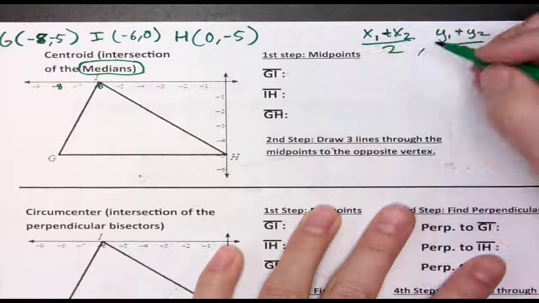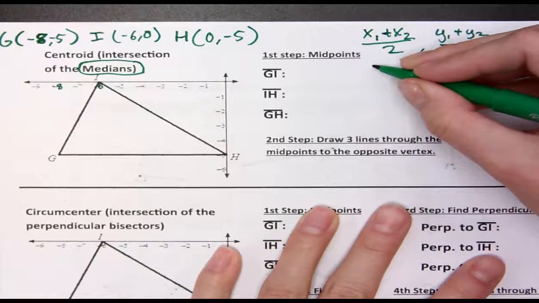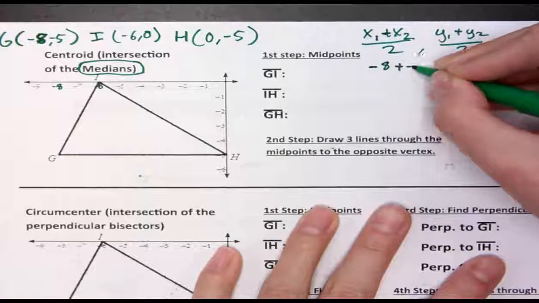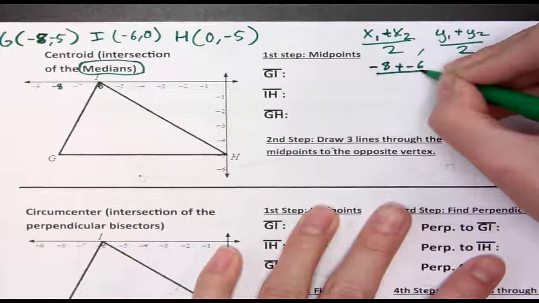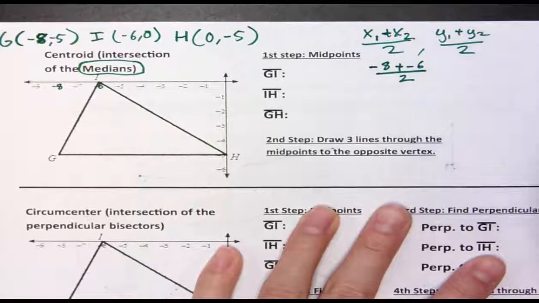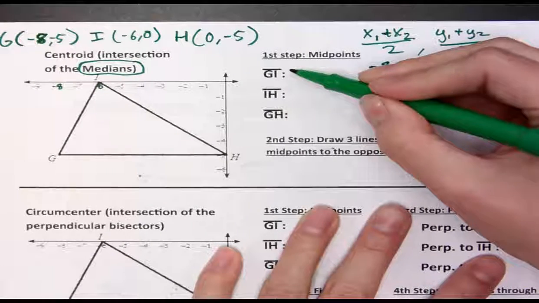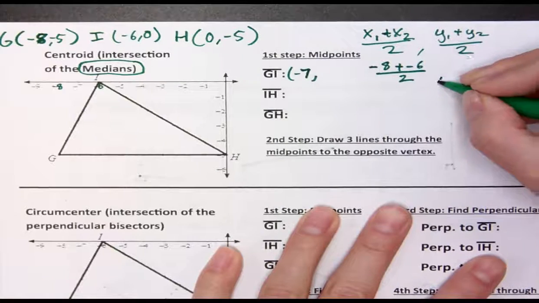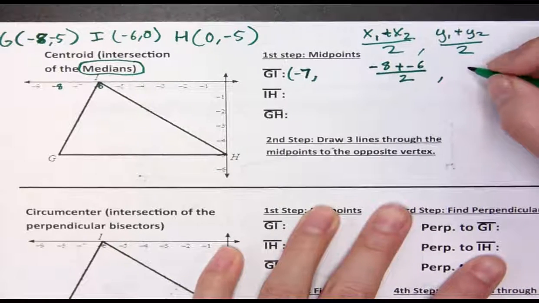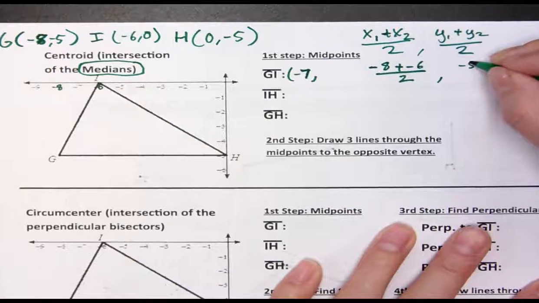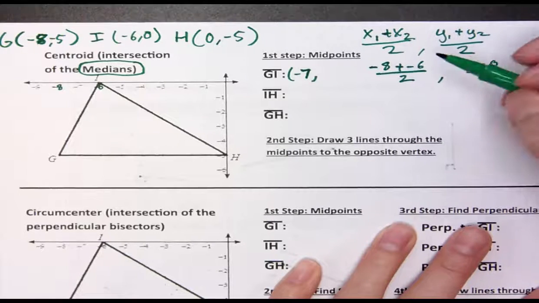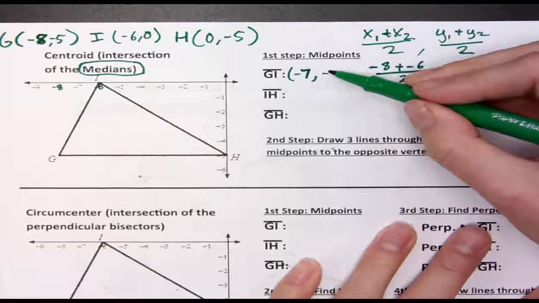So if I'm doing G to I, I just plug in my G points for x, so -8 plus -6, divide by 2, which comes out to -7. And then I do -5 plus 0 divide by 2, which comes out to -5 over 2 or -2.5.